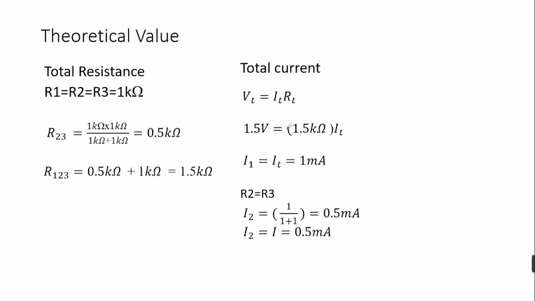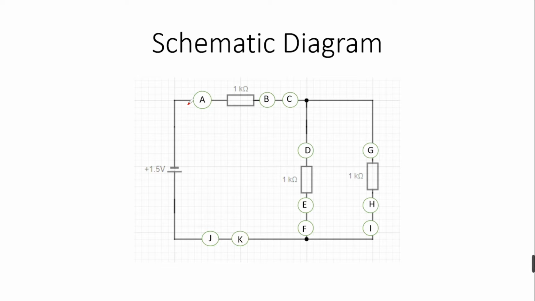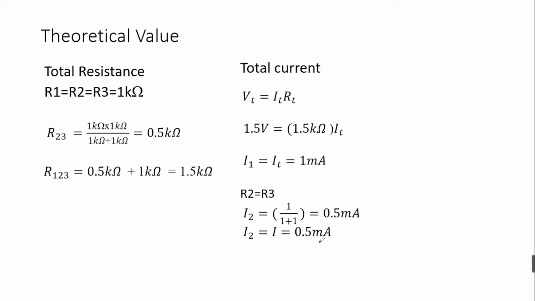So we substitute into the formula, and we get total I, which is 1 milliampere. I total is equal to I1 because I total flows through resistor R1. So the total current and I1 are equal.